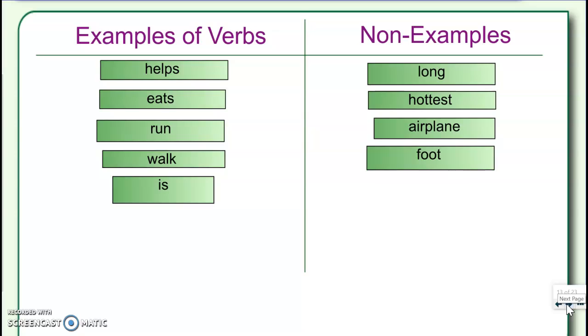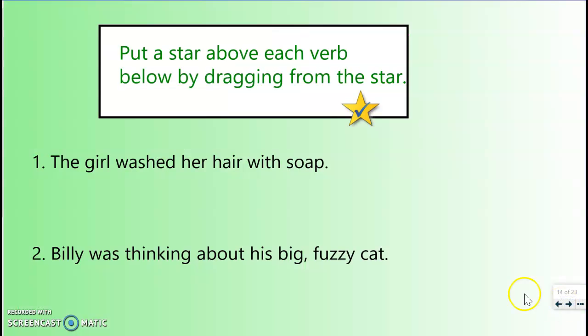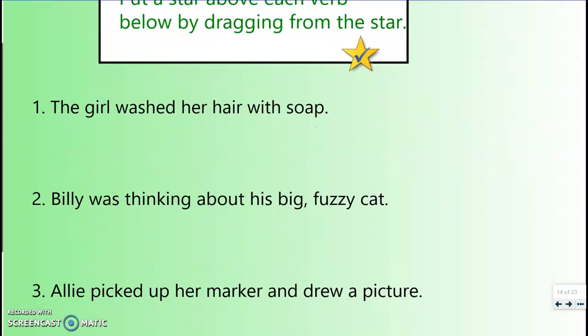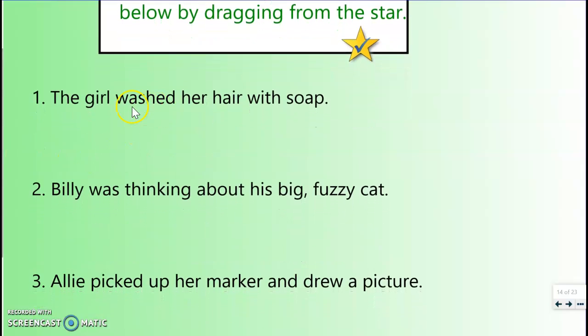Let's go and see if we can find our verbs in our sentences. Okay. The first sentence says the girl washed her hair with soap. There is one verb in that sentence. The verb is washed.